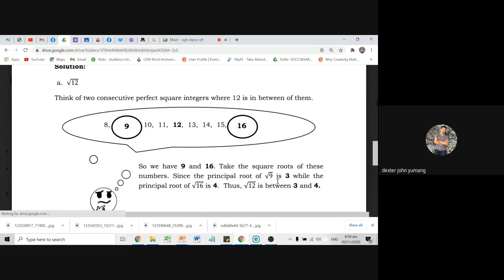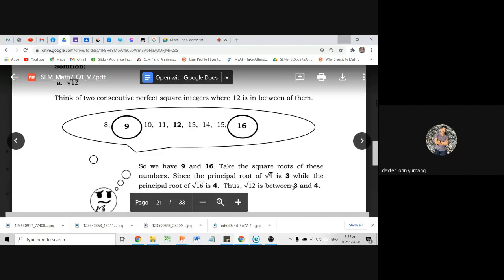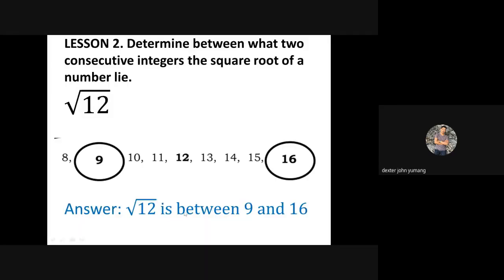So, nakita ko na. So, mali po yung answer dyan na nakalagay. Answer is between 9 and 16. It should be, ano po ang square root ng 9? That is 3. 3, di ba? Kasi 3 times 3 is 9.